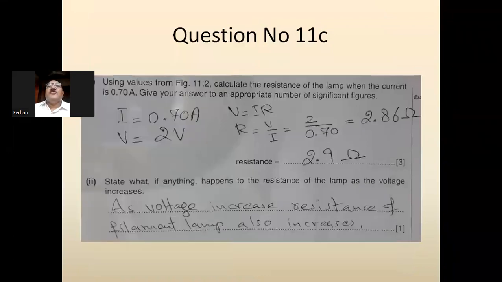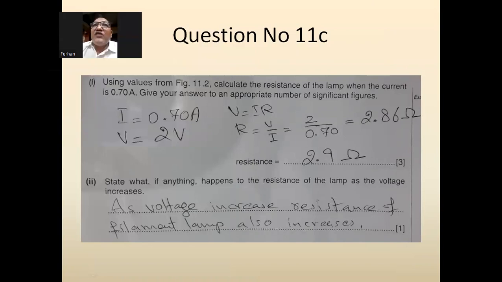So from that graph, I can tell when the current is 0.70 ampere, the voltage is 2 volts. According to Ohm's law, V equals IR, so R equals V by I. The voltage is 2, that comes from the graph, and the current is 0.70.